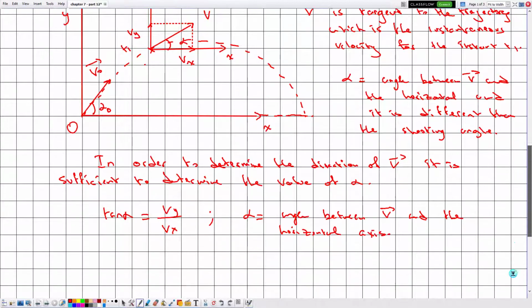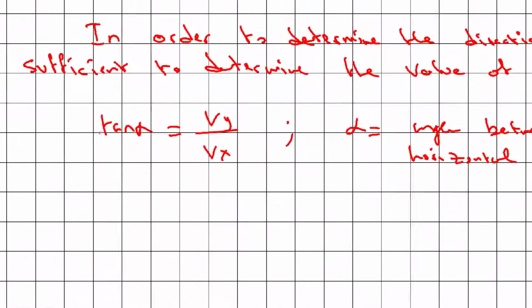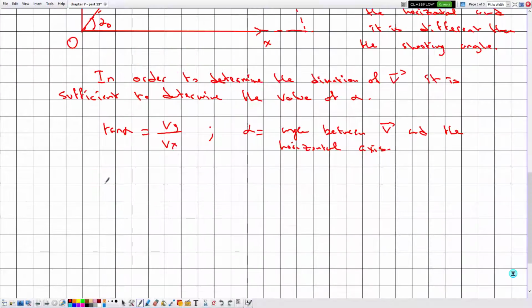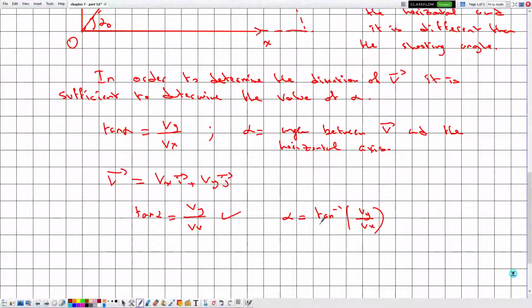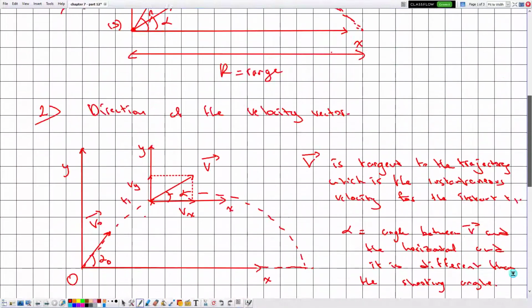Okay, now suppose that we have a velocity vector v given its x component and its y component, then we can directly determine the value of tangent alpha, which is given by Vy divided by Vx. After doing so, alpha is given by tangent minus 1 of Vy divided by Vx. Okay, so using the calculator we can determine this to deduce alpha in degrees or in radians.